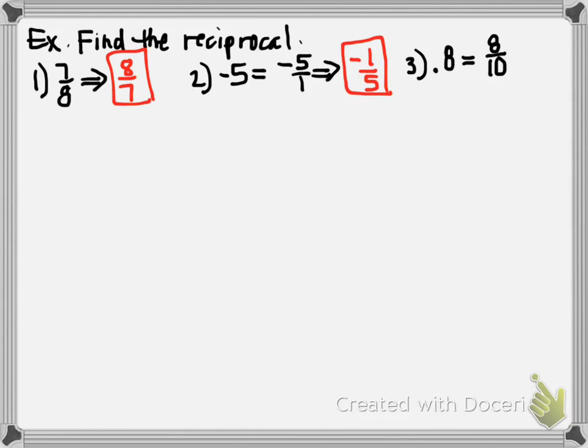Now, this is the one and only time when you're asked to give me its reciprocal, even if you can, do not reduce. So I'm going to write you a little note here. Don't reduce. So that's the one time you don't reduce on a fraction.